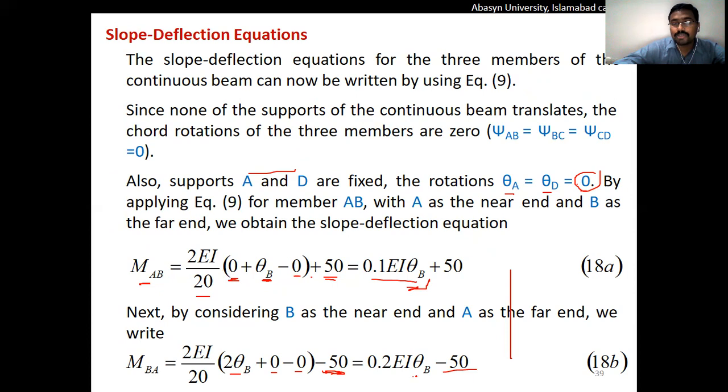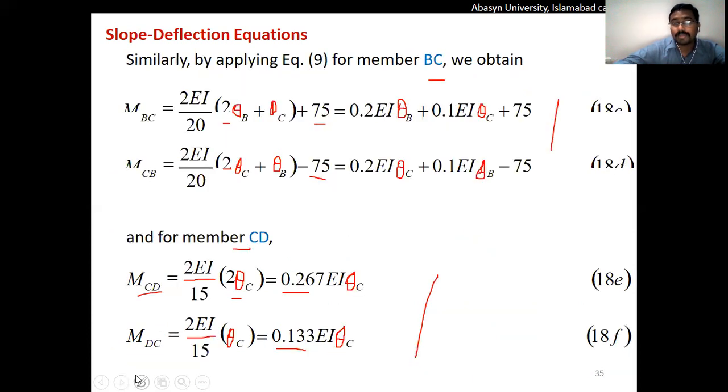Similarly, when we put the value of theta B in equation 18b, we will find the value of MBA. And similarly, in span BC, both values of theta B and theta C will be used to calculate MBC and MCB. For moment CD and moment DC, only the value of theta C will be used.